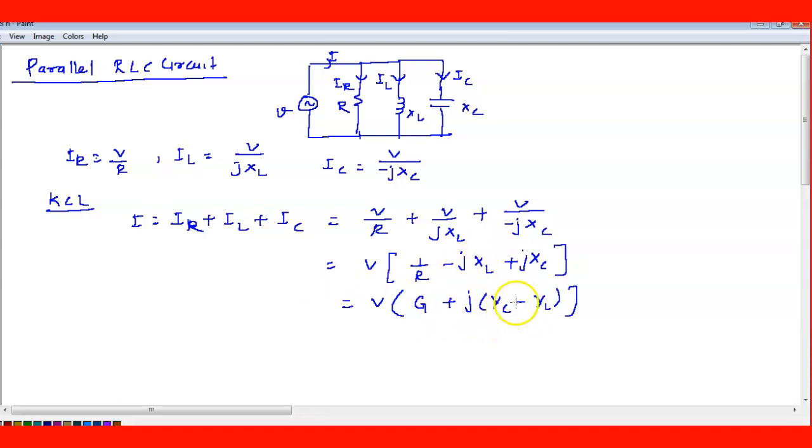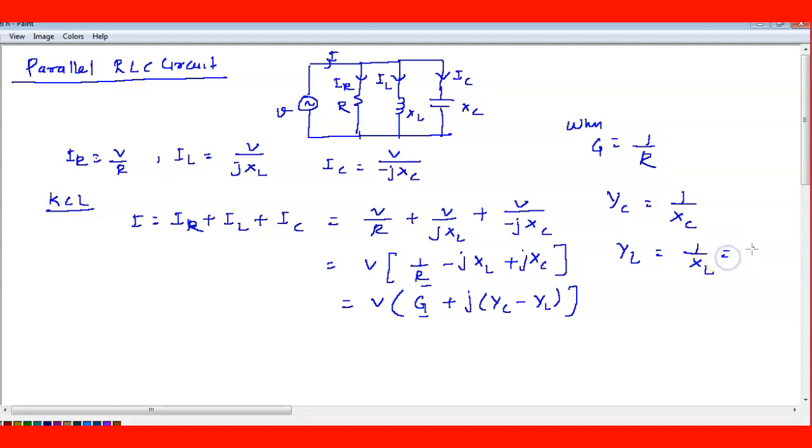You can write any name, it is not necessary to use the same name here. Y is equal to, where G is equal to 1 upon R, and YC is equal to 1 upon XC, and YL is equal to 1 upon XL.